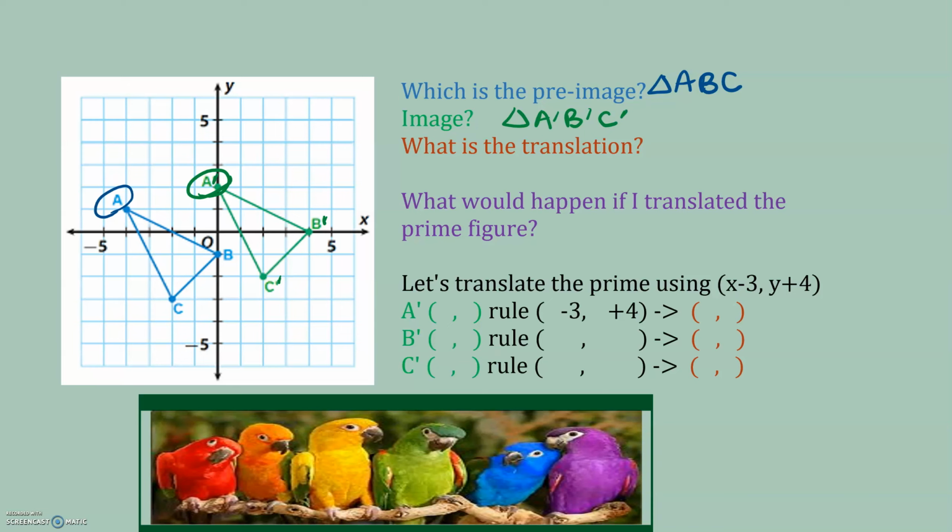So remember those little marks there, those are called primes. So now just looking at this, can you tell me what the rule is? We're going to look at it and we're going to say what the rule is. Remember, we're going to take any x, y coordinate and slide it. How are we going to slide it? Well, let's look and see. From A, I'm sliding it over to the right. So again, I'm sliding it in a positive direction.